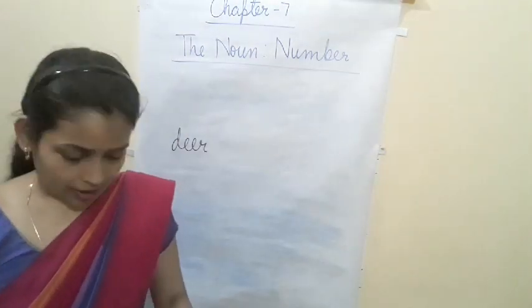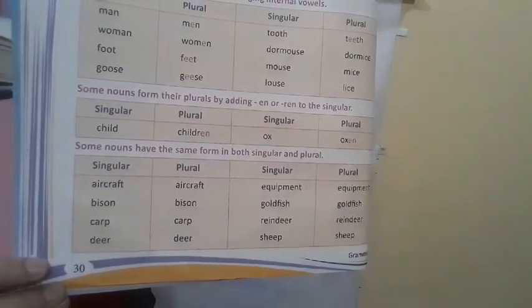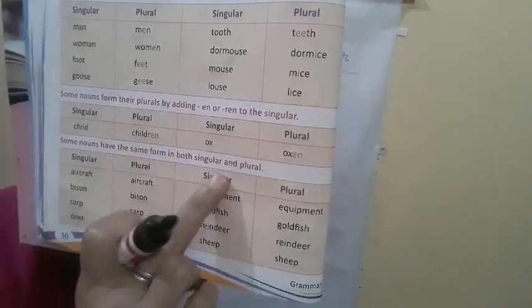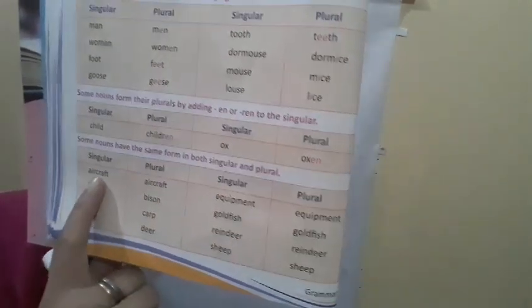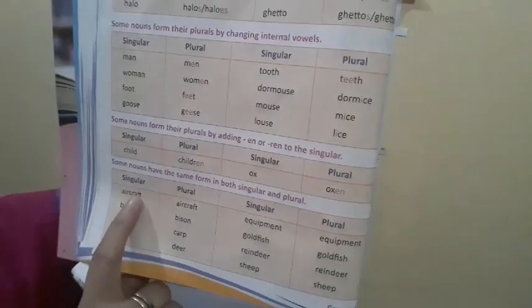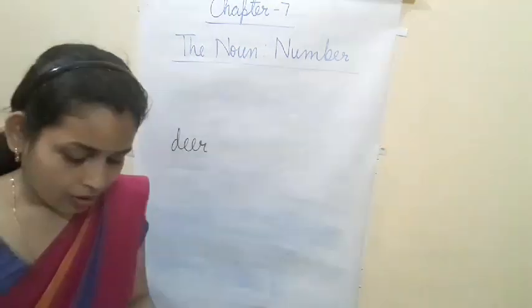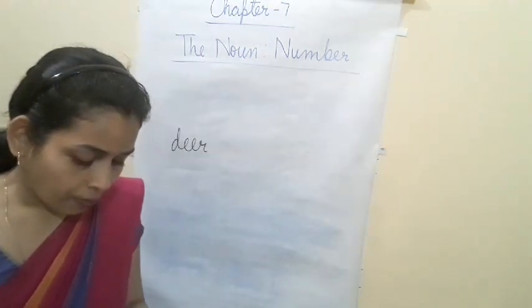Many examples are here on page number 30. You can see some nouns here. Some nouns have the same form in both singular and plural. Aircraft, aircraft, singular aircraft and plural aircraft. Equipment, equipment. Basin, basin. Goldfish, goldfish. Okay, many examples are here. Sheep, deer, reindeer. You can prepare on page number 30.